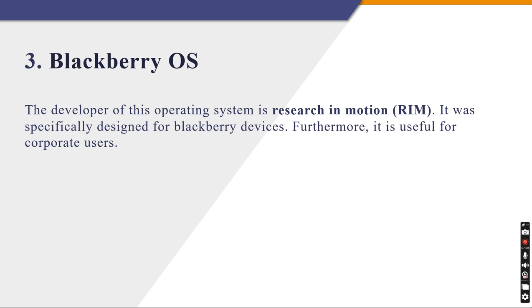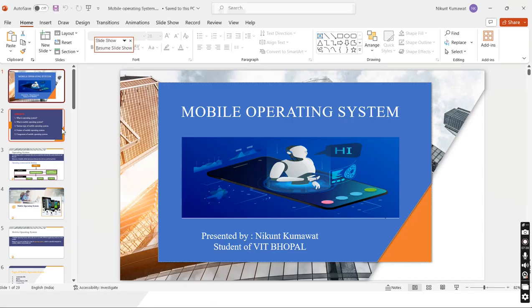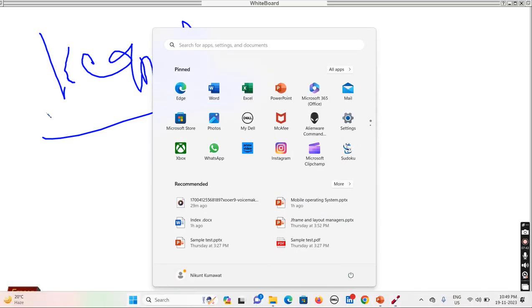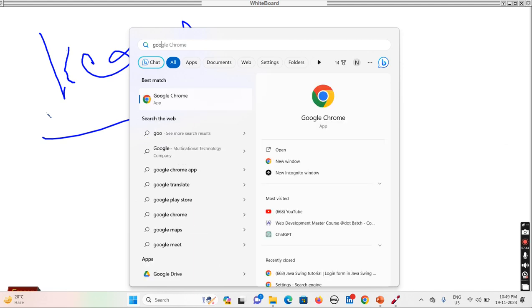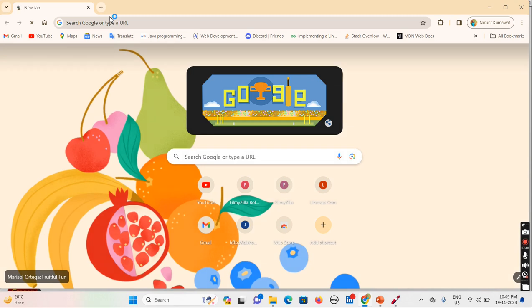BlackBerry OS. Many students know BlackBerry OS, and I can explain BlackBerry OS. Give me some time. Wait a minute. I will explain all things. Google Chrome. We use Google Chrome. Sorry for that, my internet.